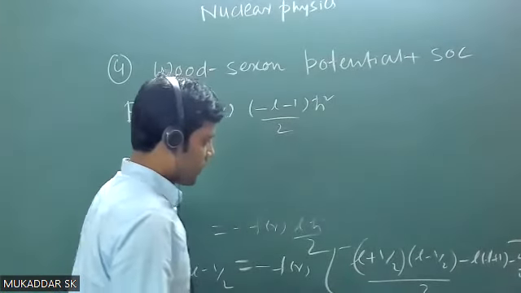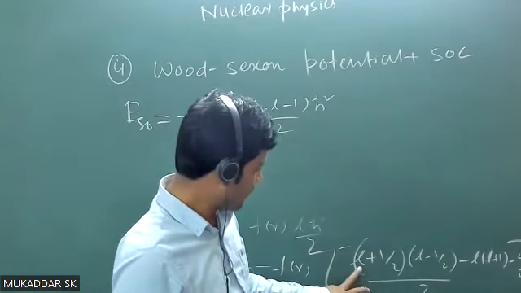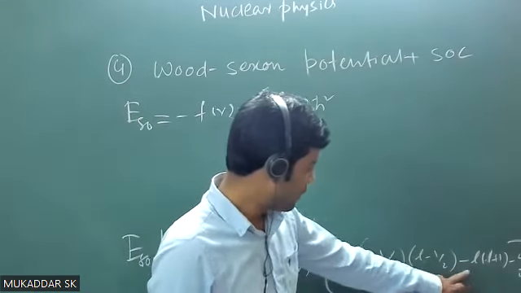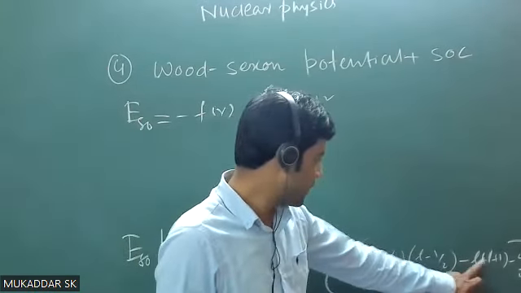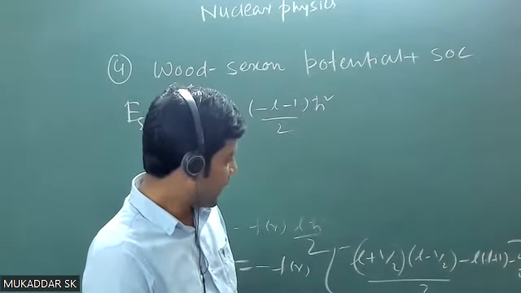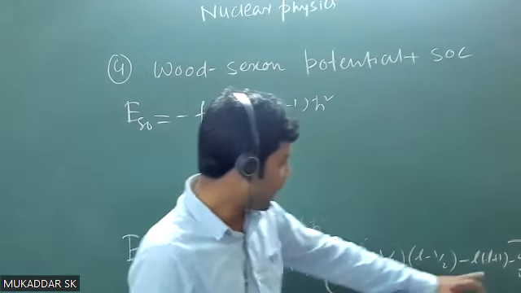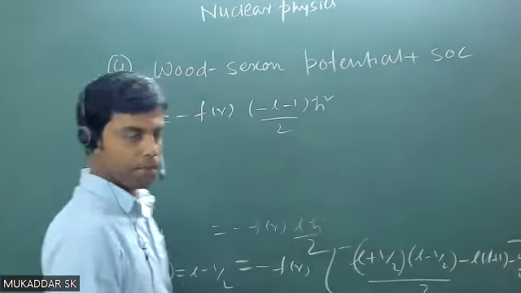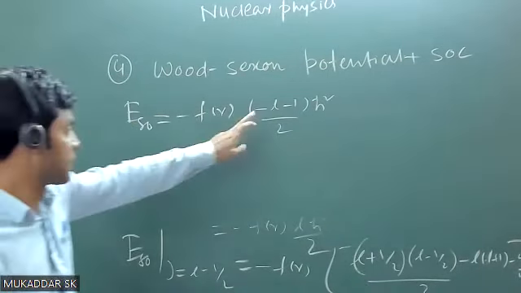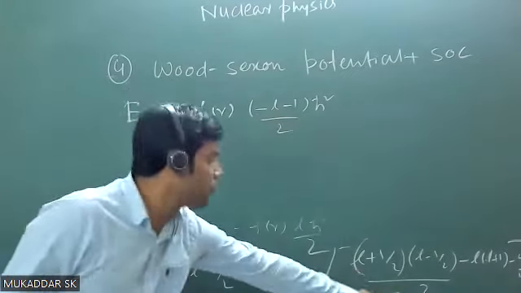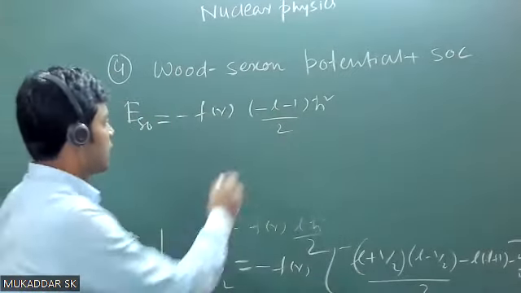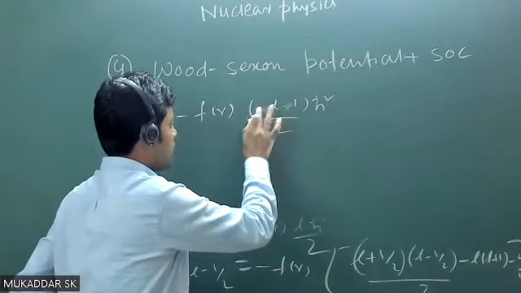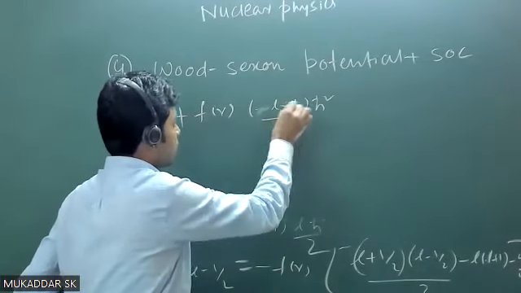You will get that, because this will be L square minus 1 by 4. L square will be cancelled, and then minus L will be here, and minus 1 by 4 minus 3 by 4, that will be minus 1. So minus L minus 1, and you have 2 factor H cross square. You can take that minus common, and that will be cancelled.